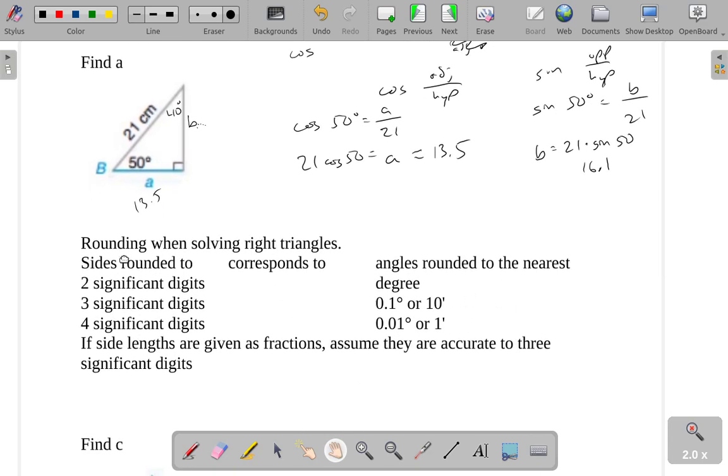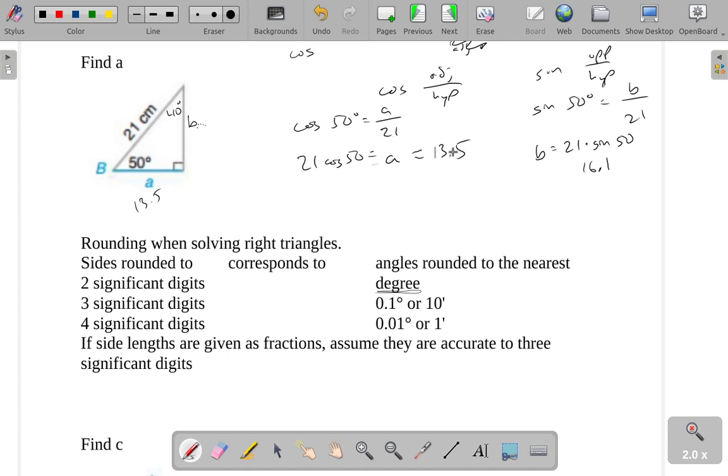In general, when we're talking about significant digits, I kind of didn't care about significant digits here. I just rounded to the nearest tenth. But when we're dealing with these right triangles, we're going to use this as a guide for the number of significant digits. If we're talking about having two significant digits, we're going to have that rounded to the nearest degree. So these angle measurements are rounded to the nearest degree.